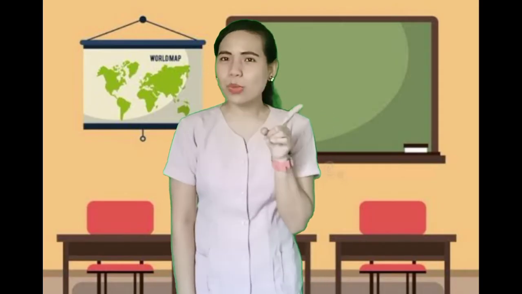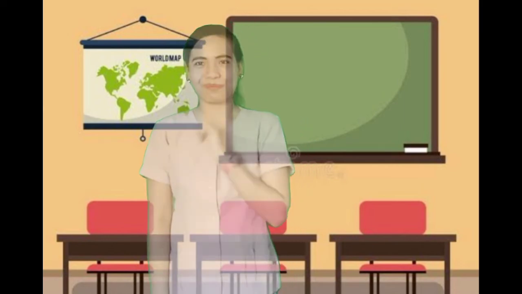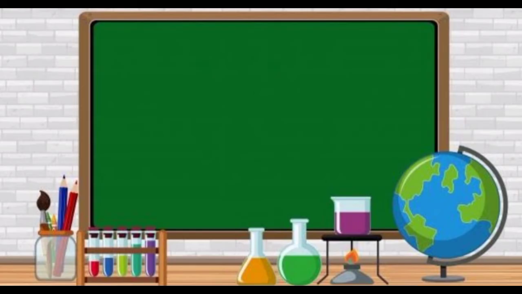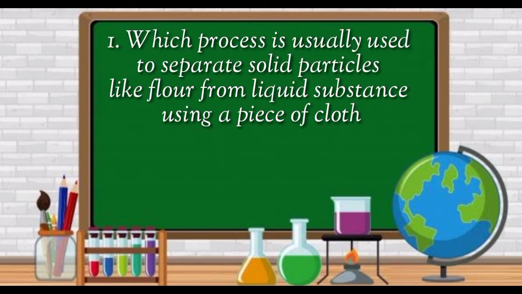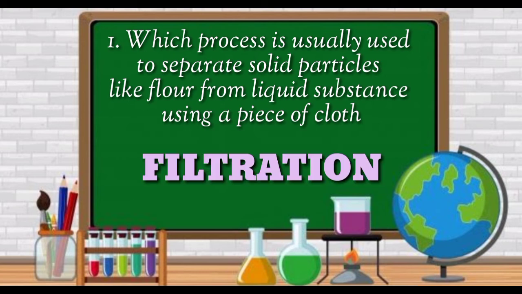Now, let's try to answer the post-test in your module. Choose the correct method in separating mixture for the following sentences. Number 1. Which process is usually used to separate solid particles like flour from a liquid substance using a piece of cloth? The correct answer is filtration.